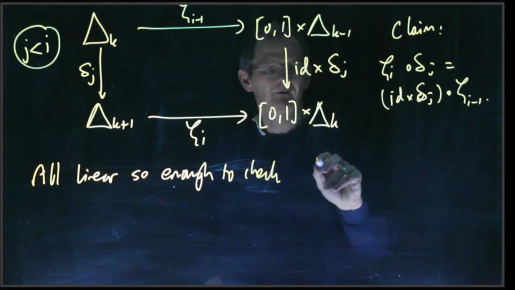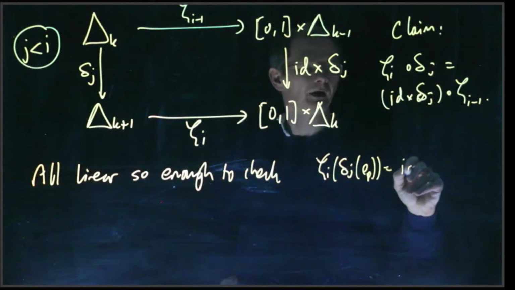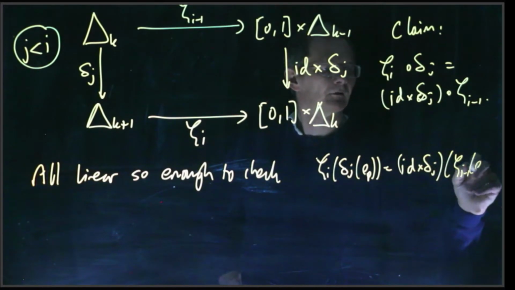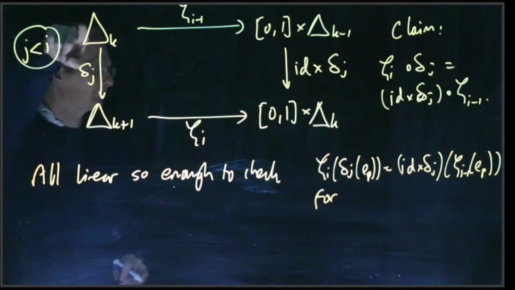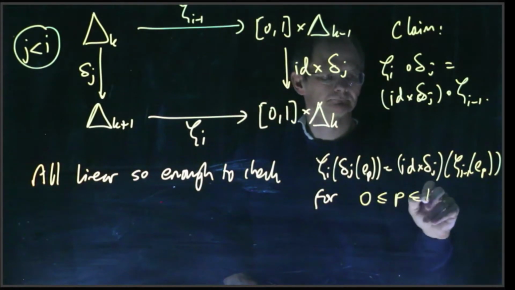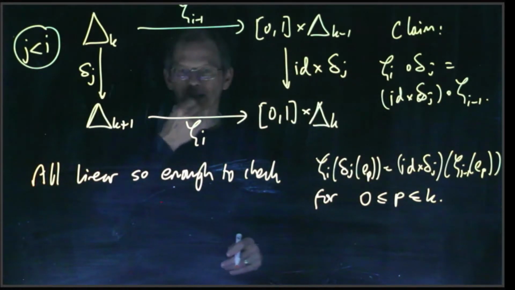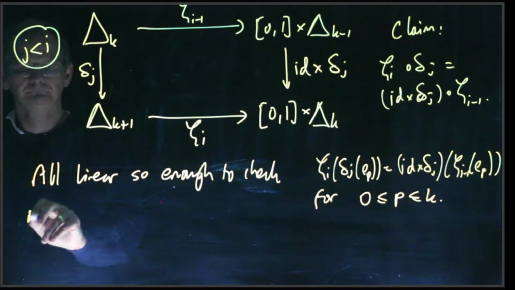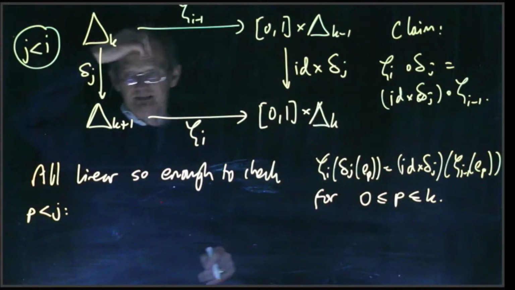So it's enough to check that zeta i of delta j of Ep is identity cross delta j of zeta i minus 1 of Ep. This is for all the vertices of this simplex, so that means p is going from 0 up to k. Okay, so let's see what happens here. P is less than j.